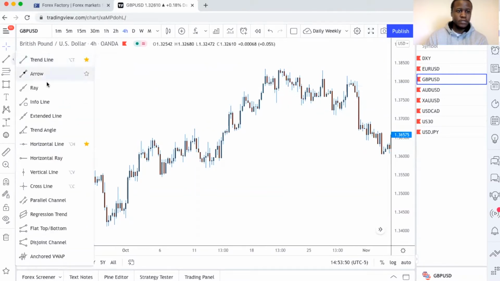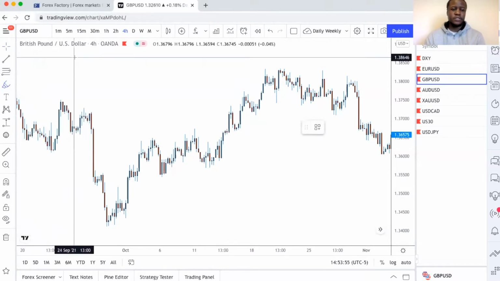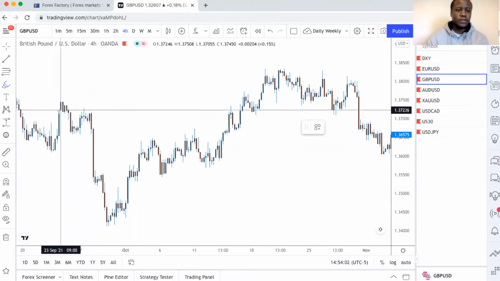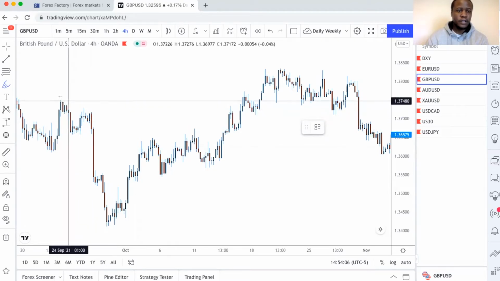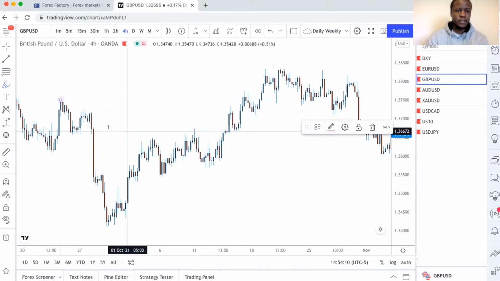So what you could do, very simple, use your highlighter tool in TradingView. So you got this lower high and this lower high, and in the middle you got this high. So you can mark this off with your highlighter.